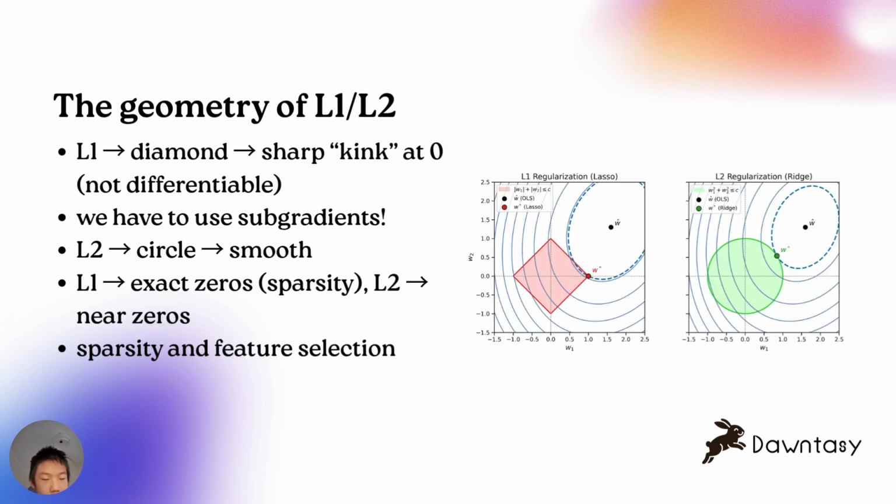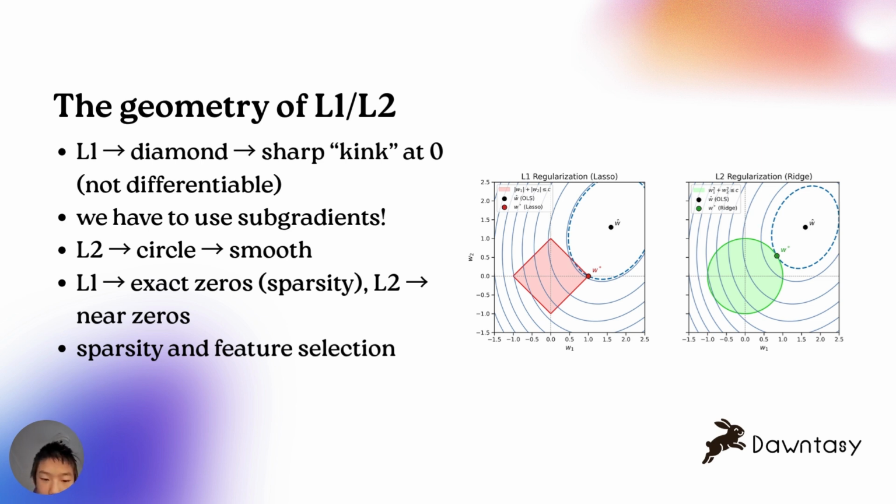Let's take a look into the geometry of L1 and L2 regularization. If we graph this, L1, because of its absolute value, forms a diamond shape. It's like a sharp, pointy diamond.